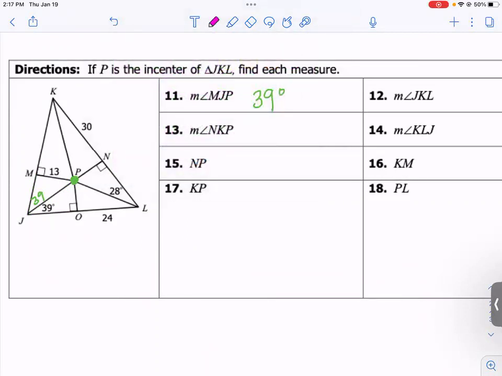JKL. This whole angle up here. Well, what is this missing piece right here? This is 28.